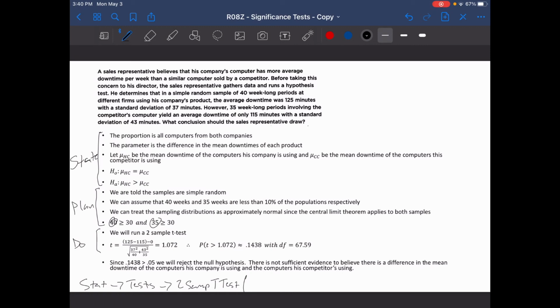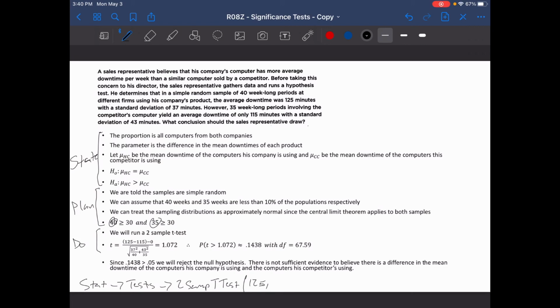So when we're given that, what we want to do is enter in our data for this. So let's see. We're told that 40 is going to represent our sample size, and our average downtime, so what we enter in for x1 is going to be 125 in this case.